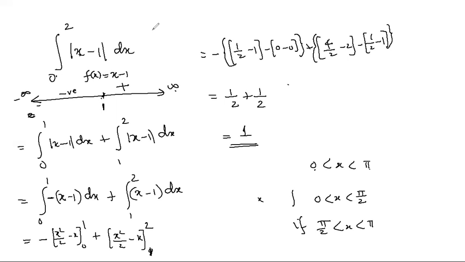Now let me check with you. Have you written it down? Can I change the page? Better to ask you that way. Okay, do this one. Integral 0 to pi modulus of cos x dx.